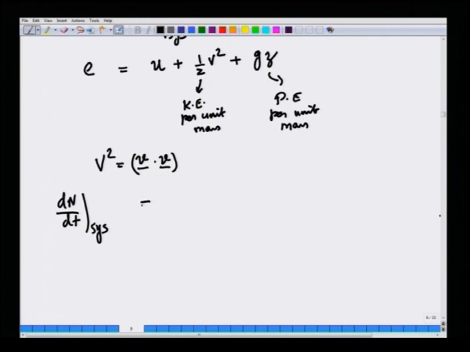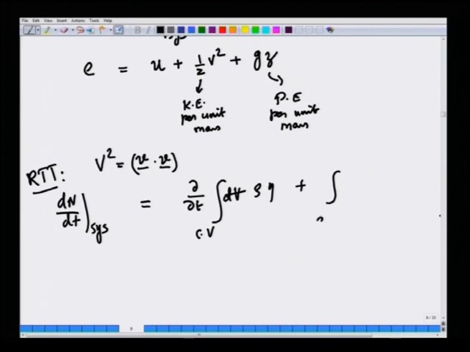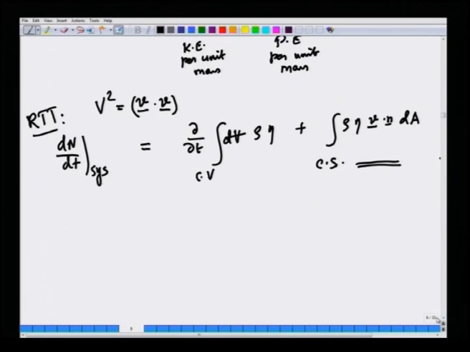This is nothing but d/dt of the integral over CV of rho eta dV, plus the integral over CS of rho eta v dot n dA over all the control surfaces. The first is the rate at which a quantity like mass, momentum, energy changes within the control volume. The second is the flux term that takes mass, momentum or energy into or out of the control volume by virtue of flow into and out of the control volume.